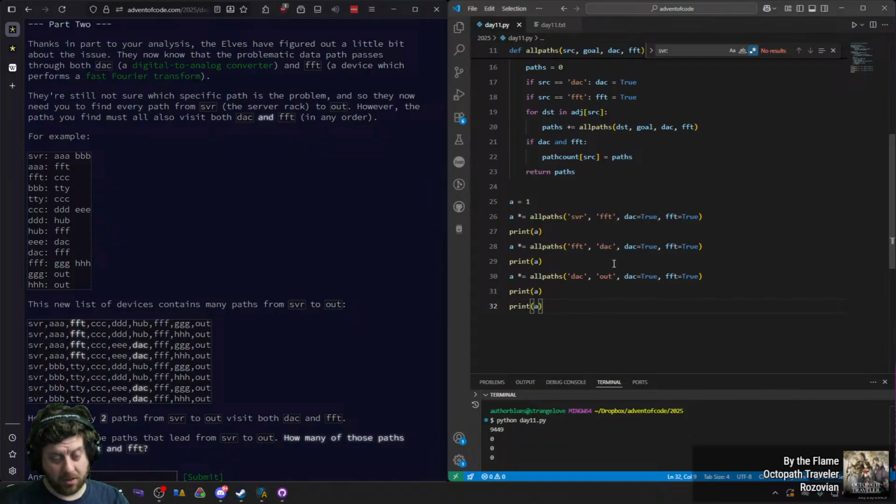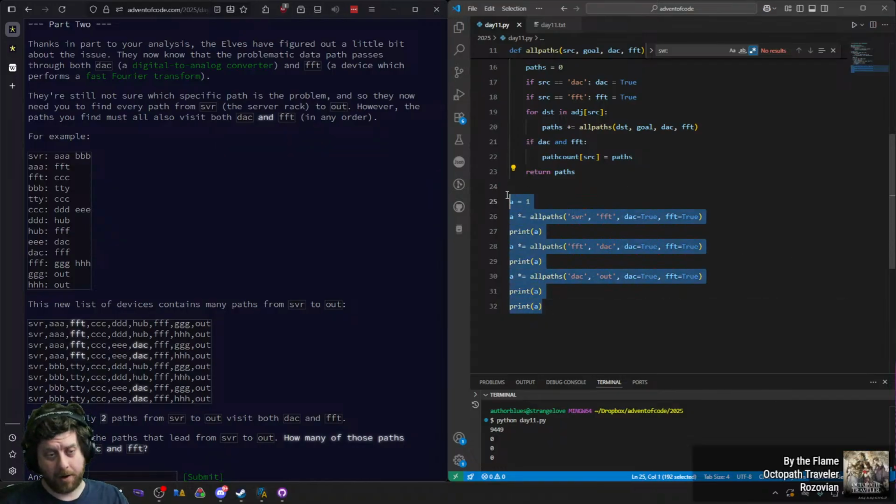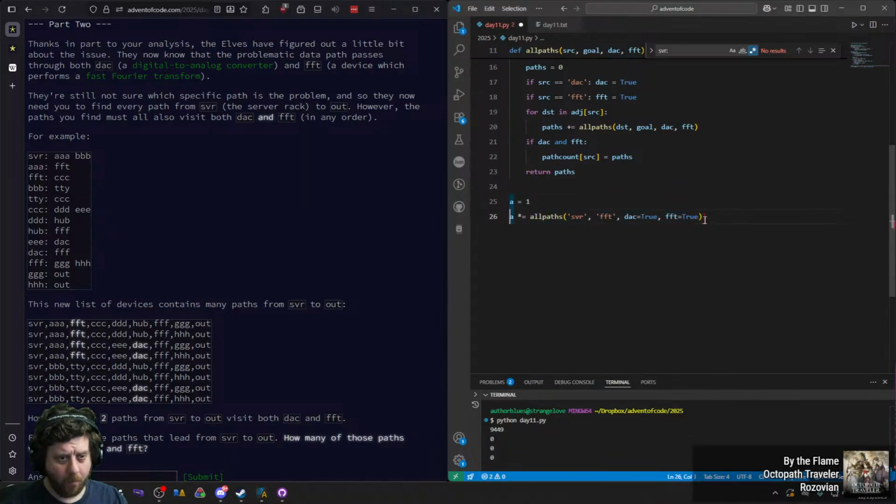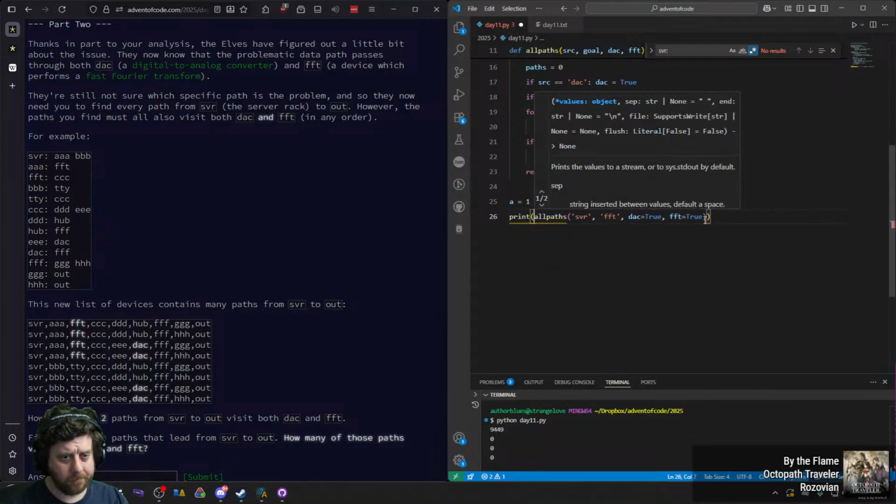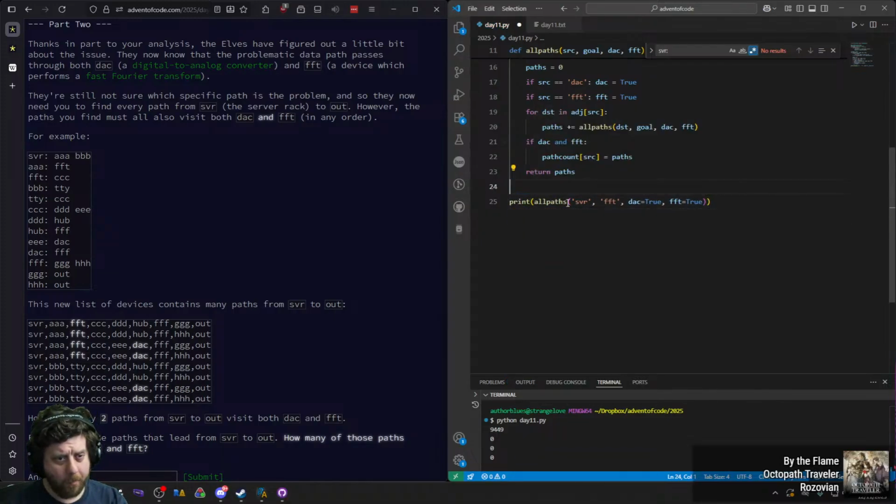Yeah, but if it's a directed graph, then the other order doesn't exist. Assuming that all my code isn't completely messed up. If I ask how many paths are there from DAC to FFT, I get 0.